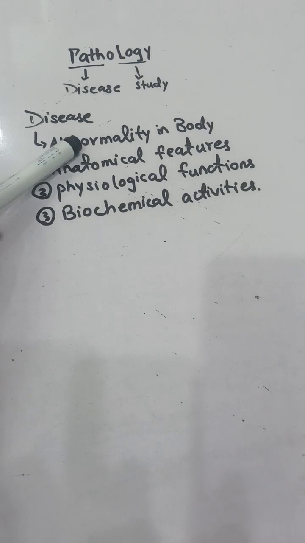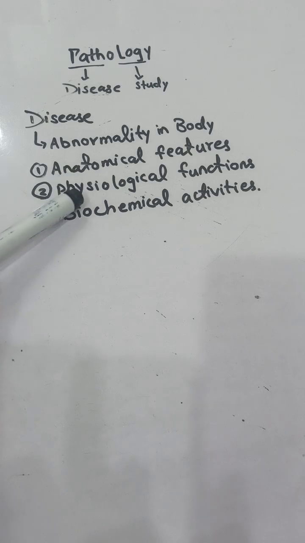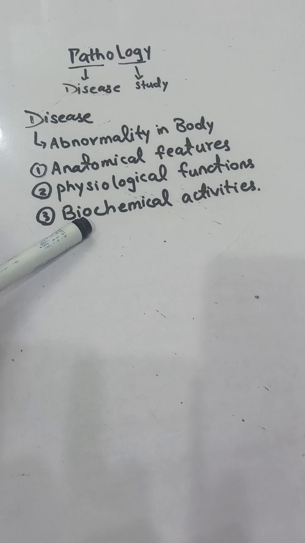This is the abnormality that changes our anatomical features, changes our physiological functions, and also disturbs our biochemical activities. And I have given you examples of it so that you can easily understand it.